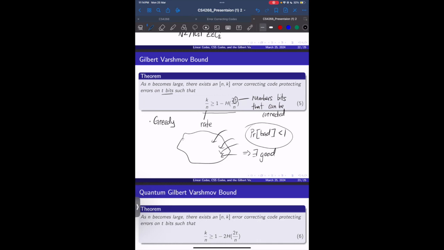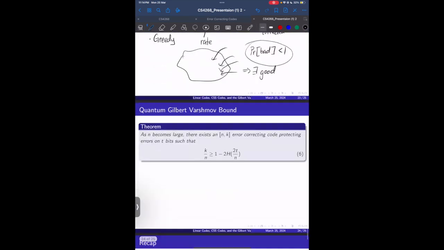So this is a non-constructive proof, right? Namely, it doesn't tell you what the code looks like, how to correct the errors, what the syndrome is, all that. It just gives you the existence, right? Then it's about a skill issue whether or not you can find it.